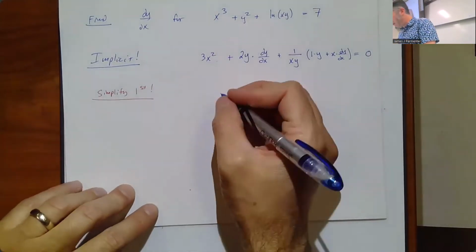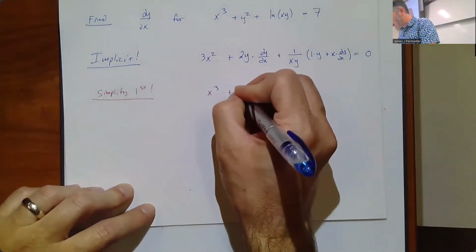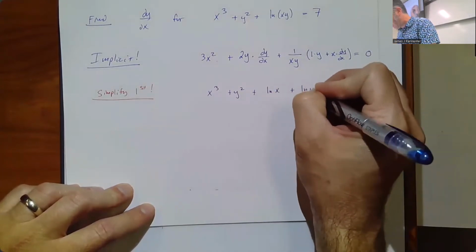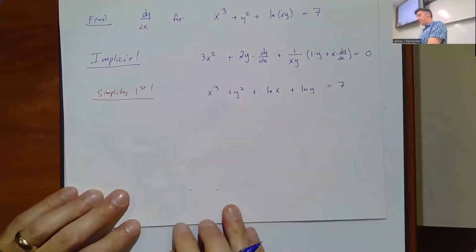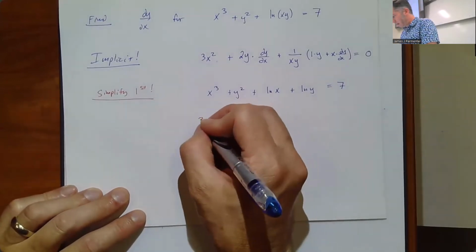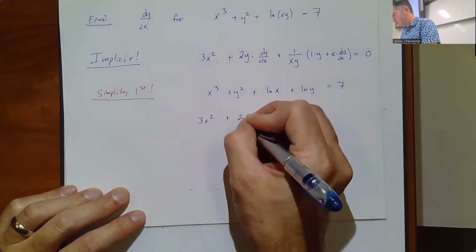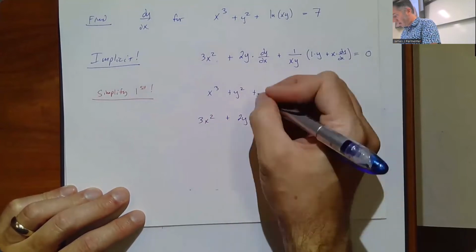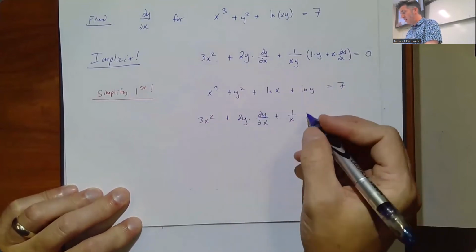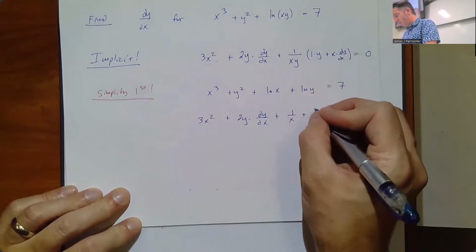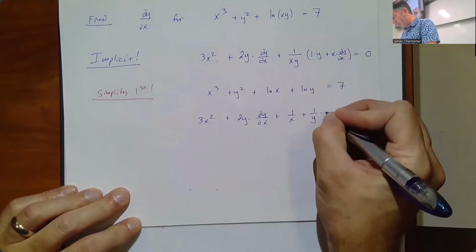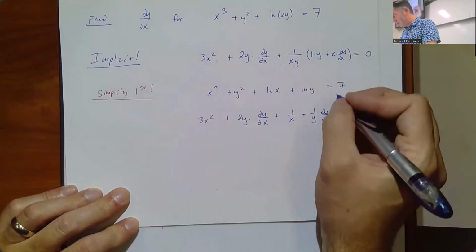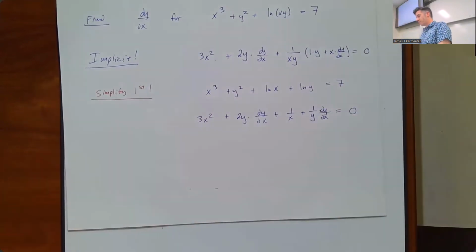So simplify first, and we have x cubed plus y squared plus the natural log of x plus the natural log of y equal to 7. And then if we differentiate, we get 3x squared plus 2y times dy dx plus the derivative of natural log of x, which is 1 over x. The derivative of the natural log of some stuff is 1 over the stuff times the derivative of the stuff, which is dy dx, equal to the derivative of 7, which is 0.